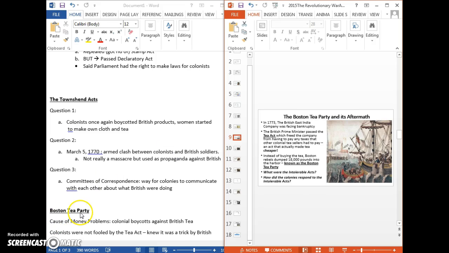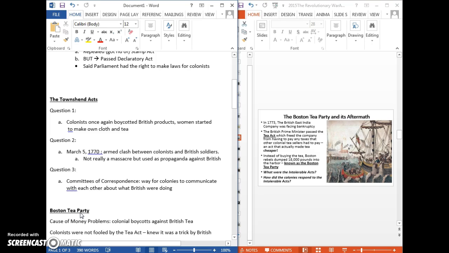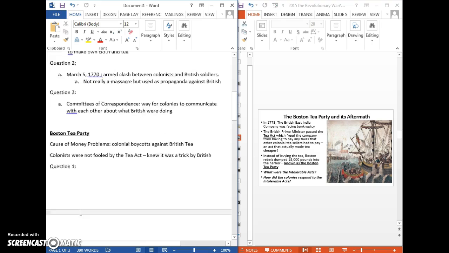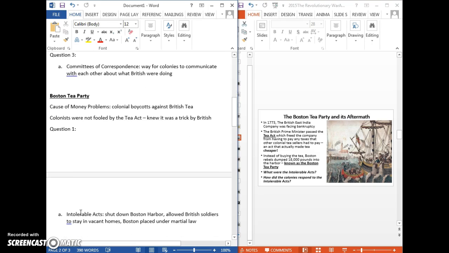In 1773, the British East India Company was actually facing bankruptcy. They were facing bankruptcy because of these colonial boycotts against British tea. I told you that, as a result of things like the Stamp Act and the Townshend Acts, colonists were making their own goods and, in fact, making their own tea, which hurt this British East India Company.